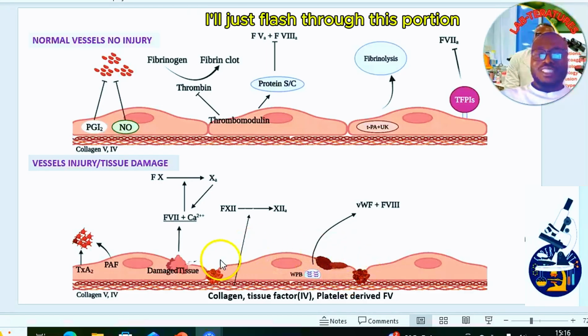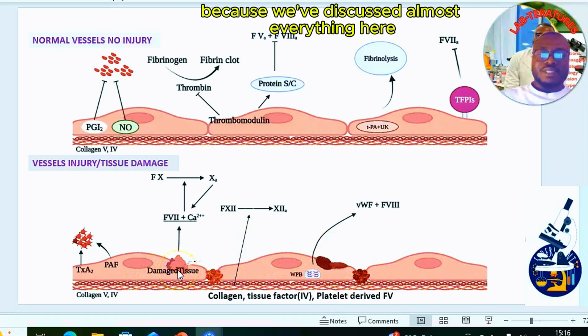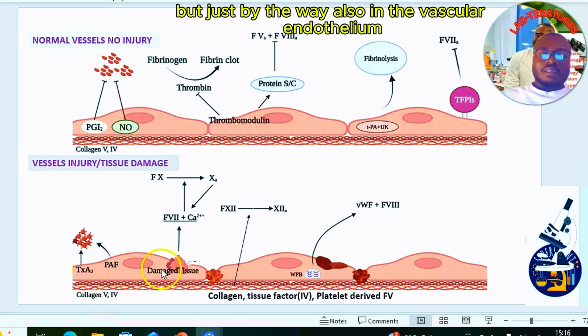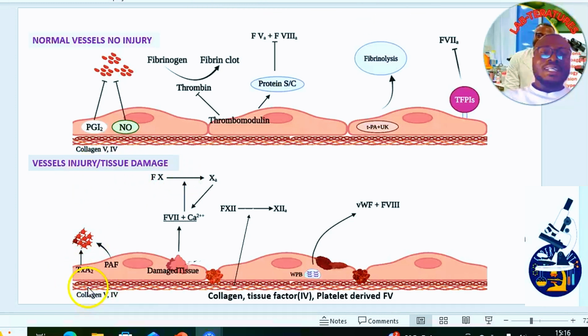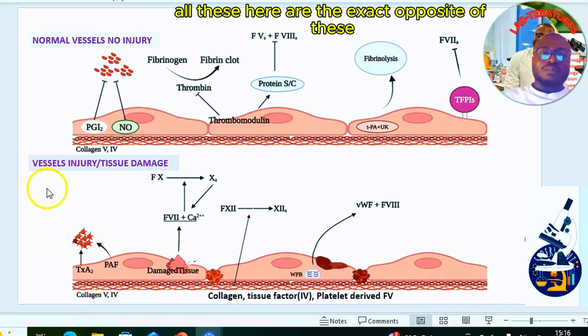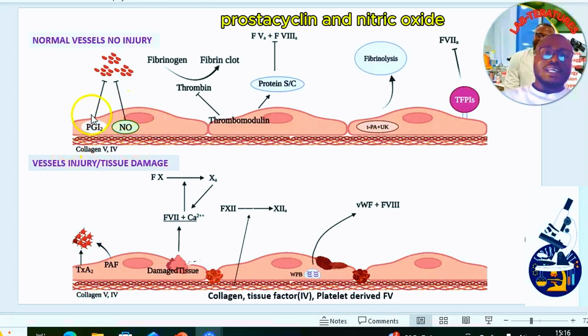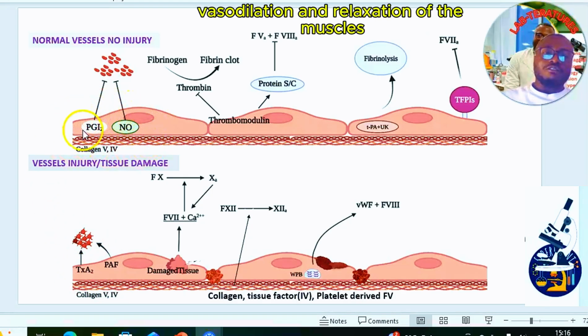I'll just flash through this portion because we've discussed almost everything here. But just by the way, also in the vascular endothelium during a blood vessel injury or tissue damage, this is thromboxane A2. All these here are the exact opposite of this prostacyclin and nitric oxide. These two cause vasodilation and relaxation of the muscles.